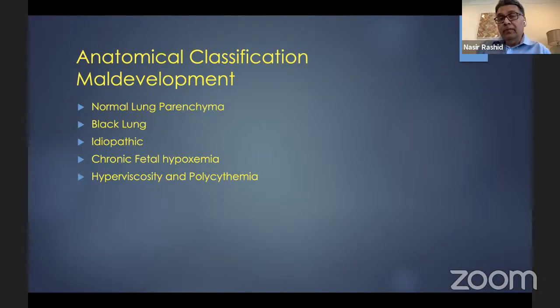Maldevelopment is usually idiopathic. It is associated with chronic, and I'm talking about long-standing, fetal hypoxemia. And these infants are usually growth retarded, chronically hypoxic in utero because of the placenta not developing properly. They also have hyperviscosity because of the increased red blood cell production, secondary to inadequate oxygenation in utero, and they are polycythemic.